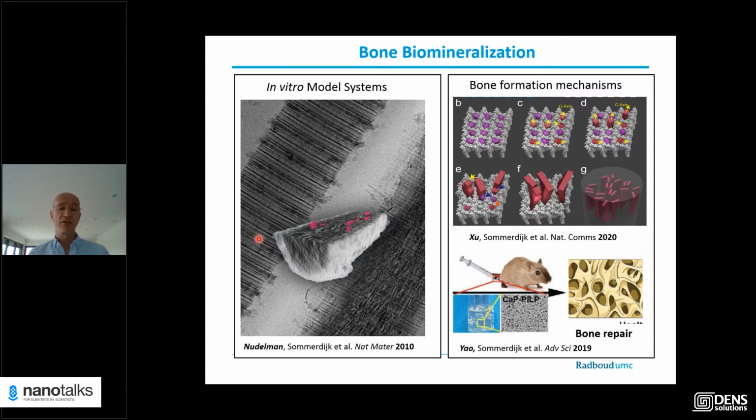The mineralization of collagen with calcium phosphate. Collagen forms these fibrils in which calcium phosphate is present as these little crystals. And we have not only been interested in the details of these processes, but also in how we can understand what to do when these things are going wrong in patients.